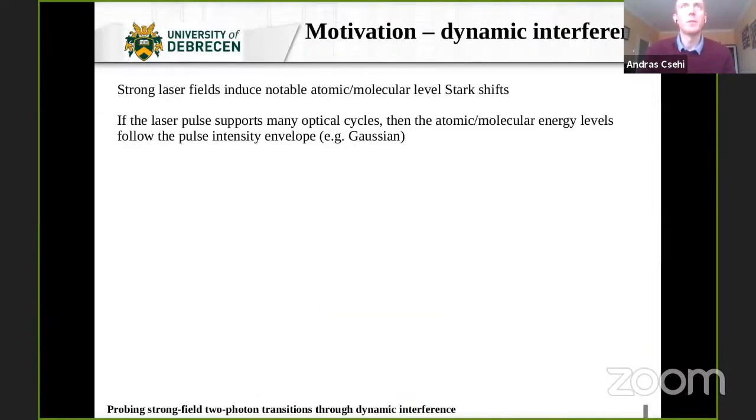It is well known that in strong laser fields, the atomic and molecular levels are subjected to Stark shifts. And if the laser pulse supports many optical cycles, then the Stark shifts follow the pulse intensity envelope.